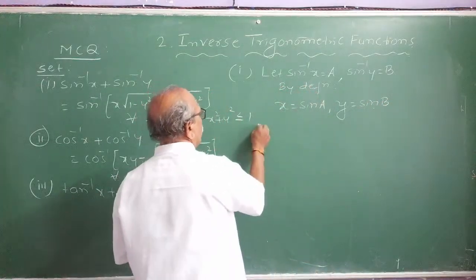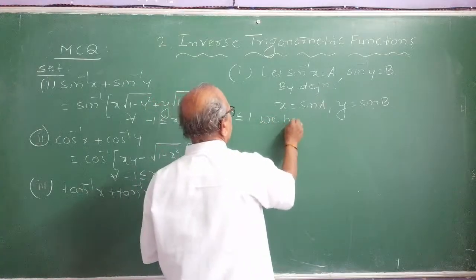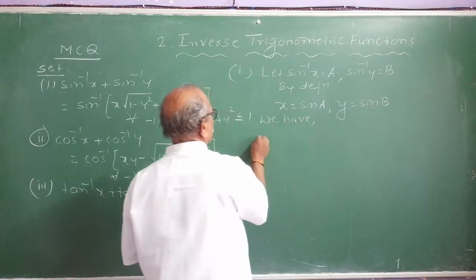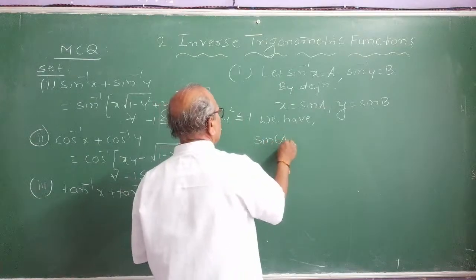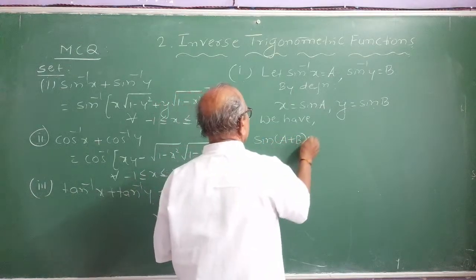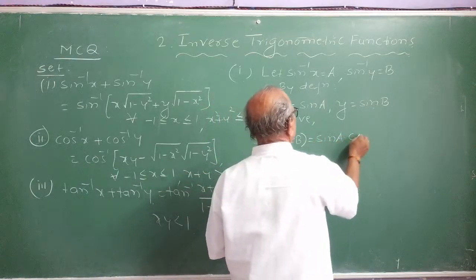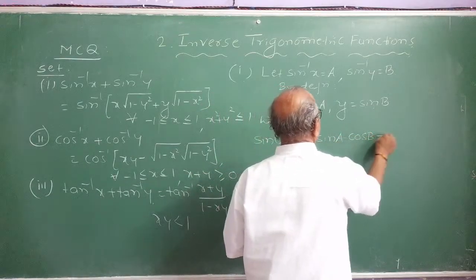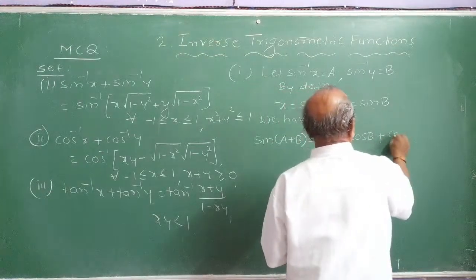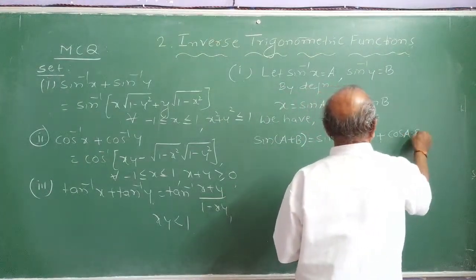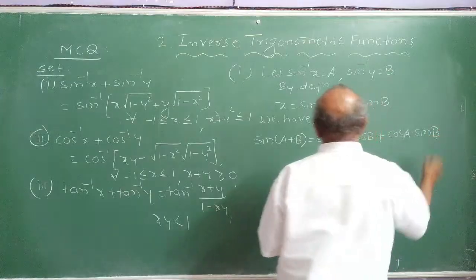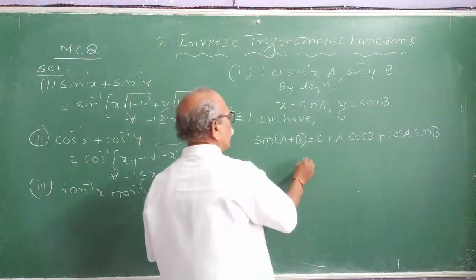What is the sin a plus b formula? We have sin a plus b is equal to sin a into cos b plus cos a into sin b. You know this compound angle formula, studied in the first PU.